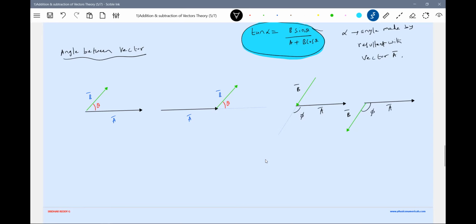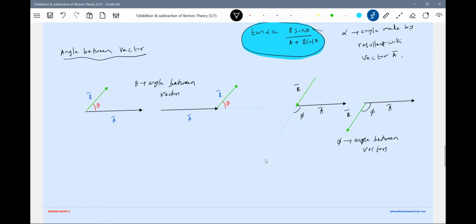Here theta is what you should call the angle between vectors, and phi is the other angle. Okay, got the idea? At many places this will come.